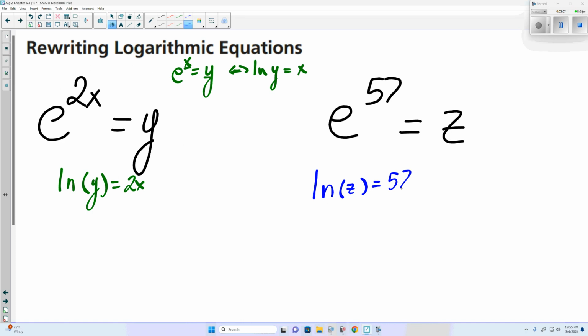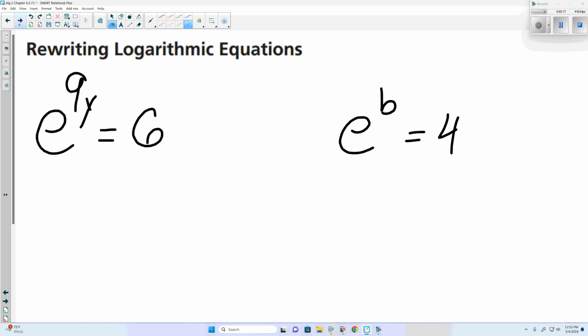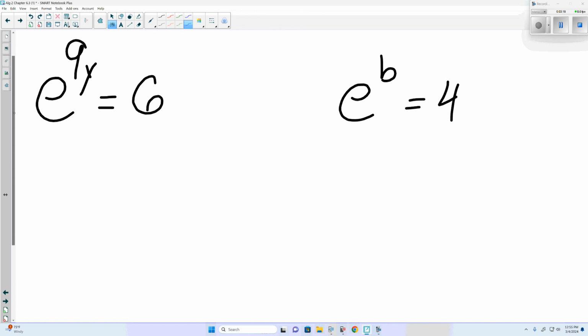And if you notice, we're essentially doing the same thing we did with log, but instead of log and a base, it is the natural log, ln. e to the 9y equals 6. ln of 6 equals 9y, because e is our base.